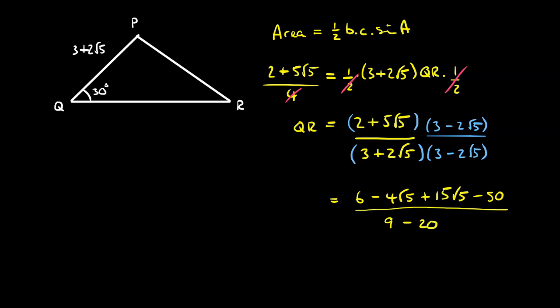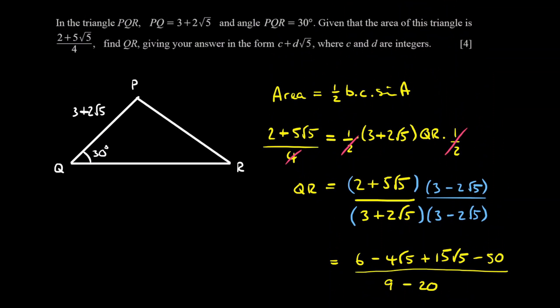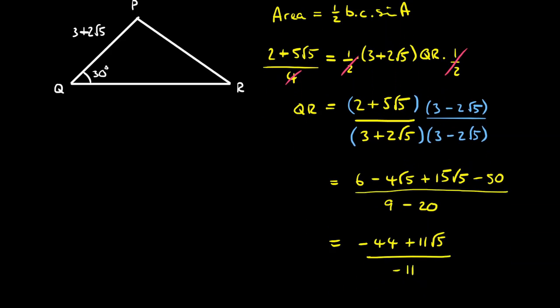Okay, so now what we can do is simplify all this. We are going to have 6 minus 50, which is minus 44. And minus 4 root 5 plus 15 root 5 is going to be plus 11 root 5, all divided through by negative 11. And how are we supposed to give this answer? c plus d root 5, where c and d are integers.